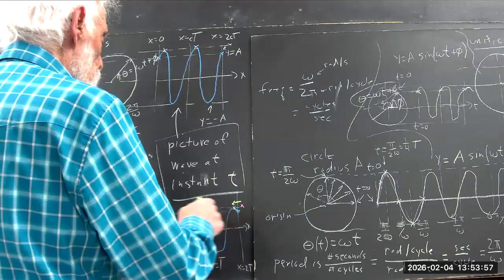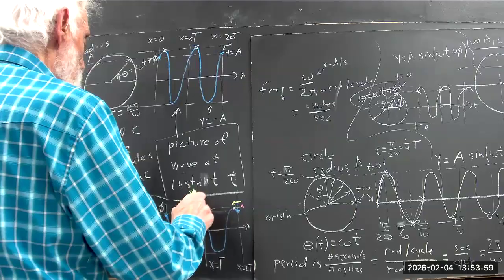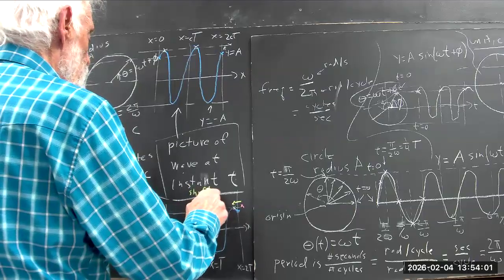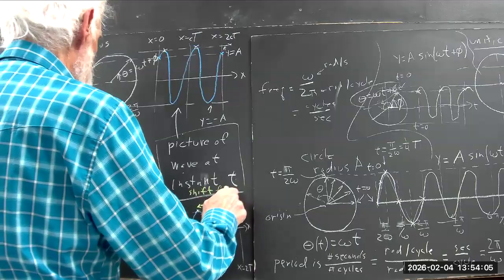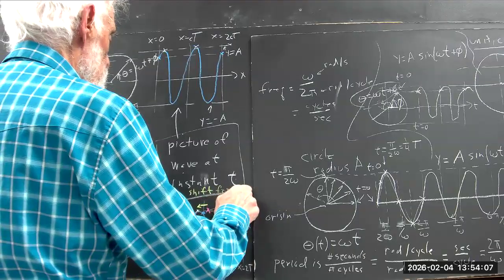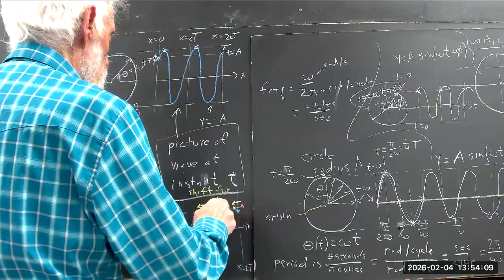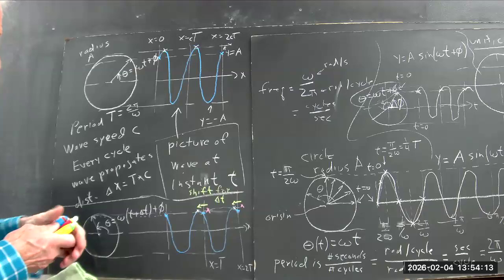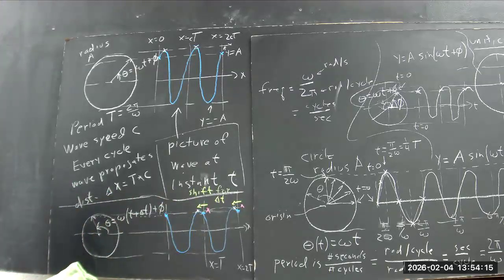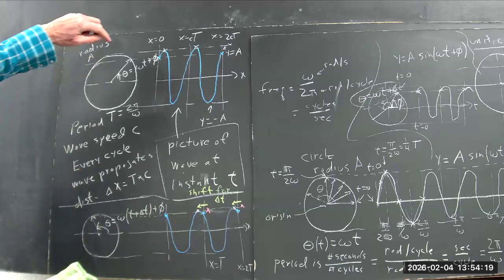And this arrow represents the shift for the time increment delta t. Okay, now what's your delta t?